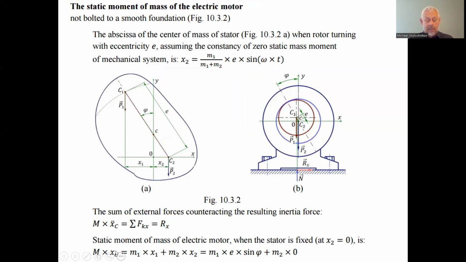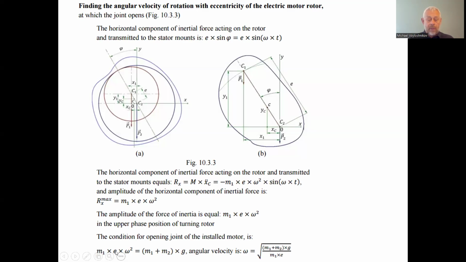The static moment of the mass of the total mechanical system, this force will be equal. Oh, excuse me. This force is equal to the acceleration of the center mass of the mechanical system, and will be equal to the remaining summand with a minus, because of the direction of the horizontal force applied in the bolt, the shearing force.